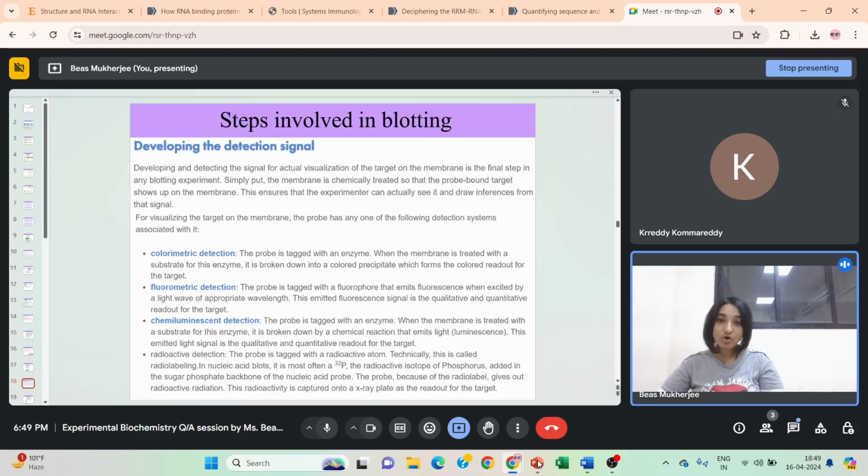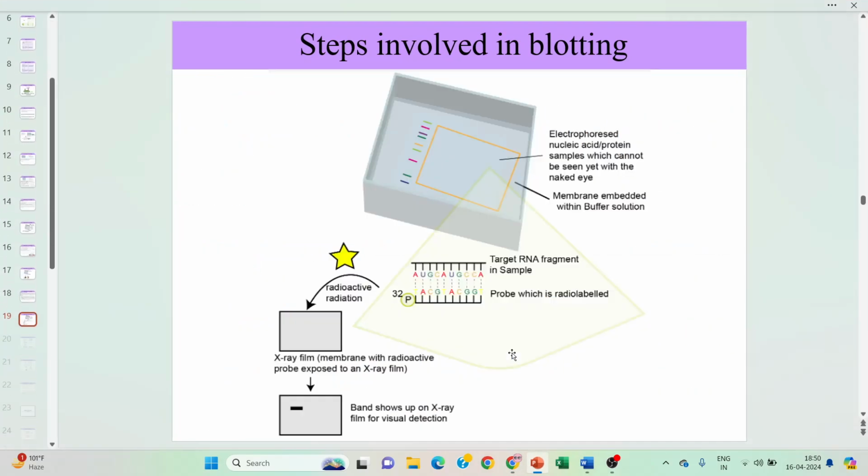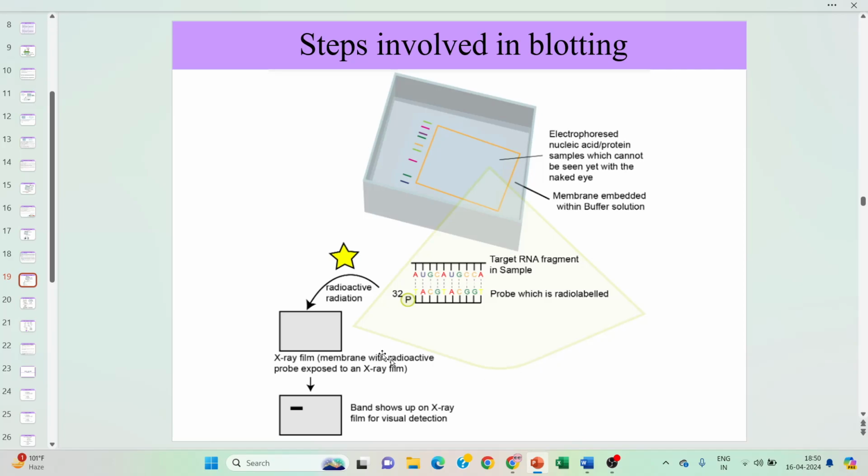In nucleic acid blot, it is often a P32 radioactive isotope of phosphorus added in the sugar phosphate backbone of the nucleic acid probe. The probe, because of this radio label, gives out radioactive radiation, and that is captured using X-ray film. Okay. Finally, I'm sure you've understood the entire process.